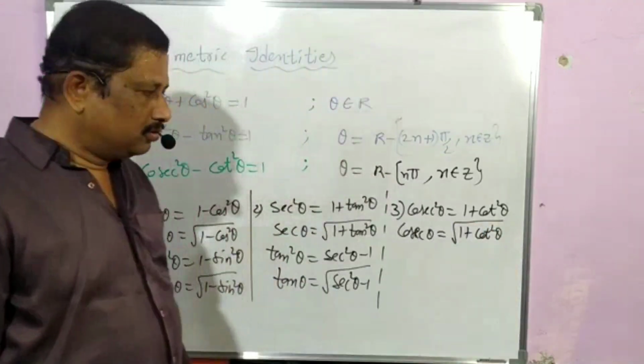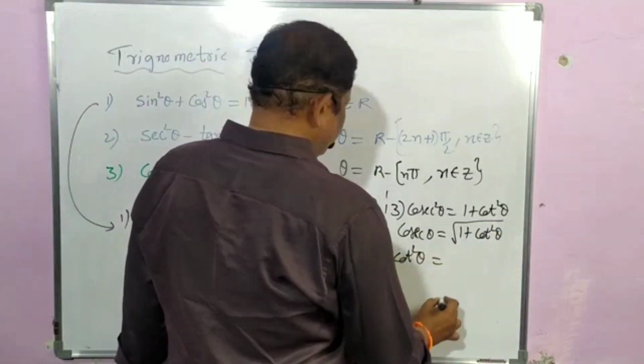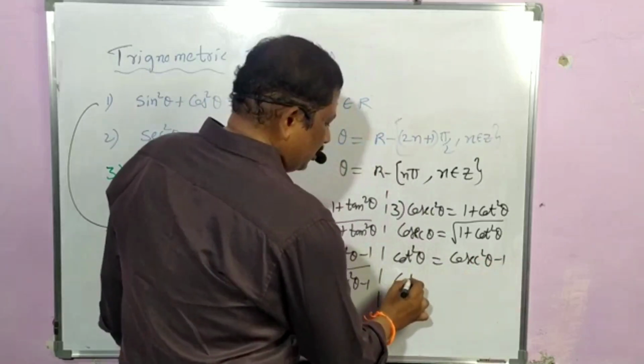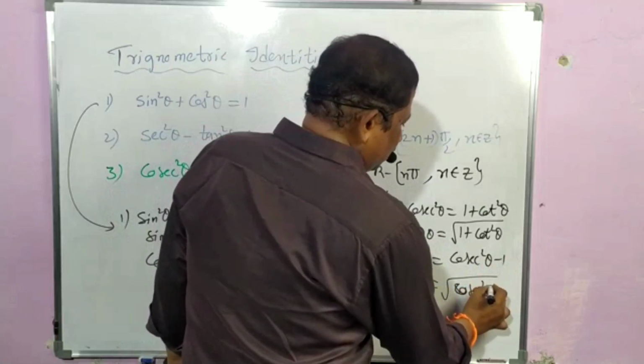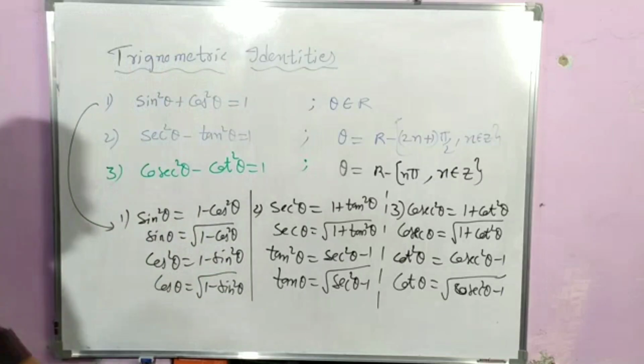Next, cot square theta is equal to cosecant square theta minus 1, and cot theta is equal to under root of cosecant square theta minus 1. In this form we can write these identities.